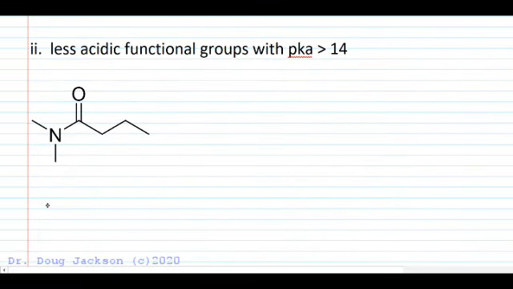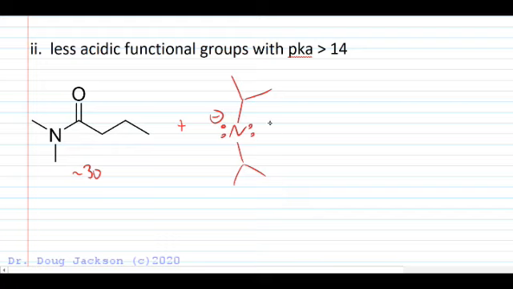For our less acidic functional groups, that tertiary amide's pKa is about 30. We're going to need something a little bit stronger, a lot stronger actually, and that's our lithium diisopropylamide that we see here, made from treating diisopropylamine with n-butyllithium at negative 78 degrees.